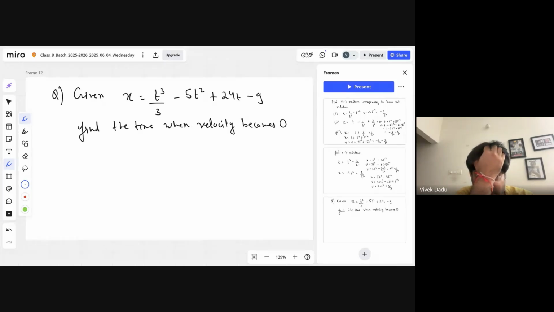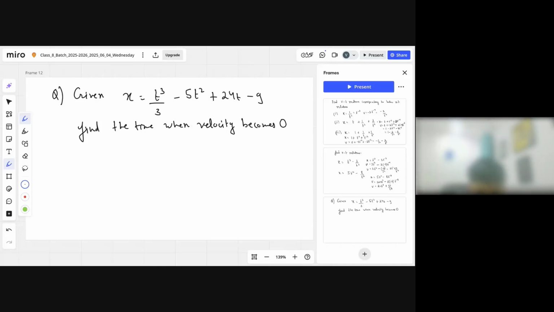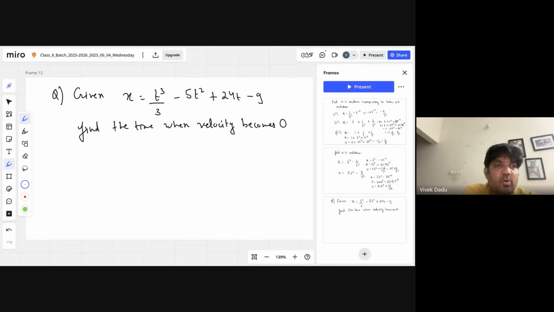Anish, relation is correct, factorization is wrong. Sir, I sent. After that, I'm not getting what to do. Relation is wrong. How does it become 2t square? See, this 3 will come in front, right? So, Nihal, oh, okay, sir.